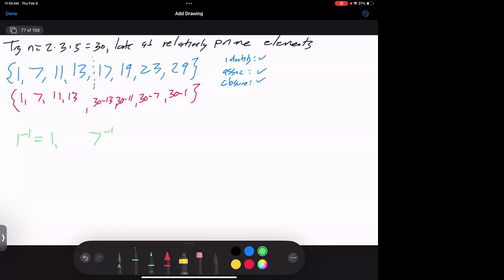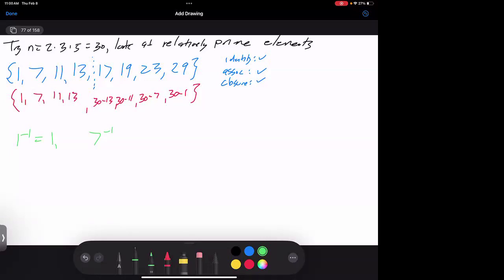So the first thing it could be is something times 7 equals 31? No. So nothing times 7 is 31. The next candidate would be 61.